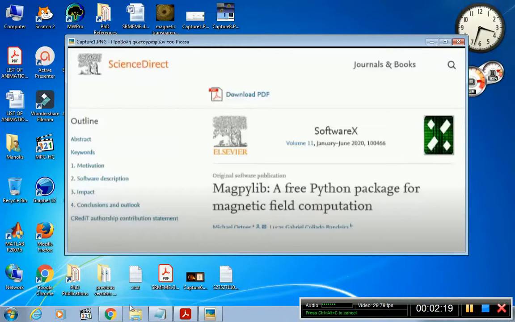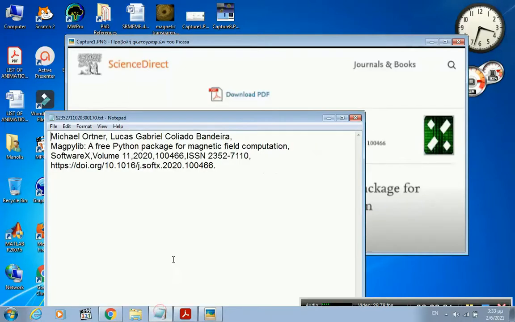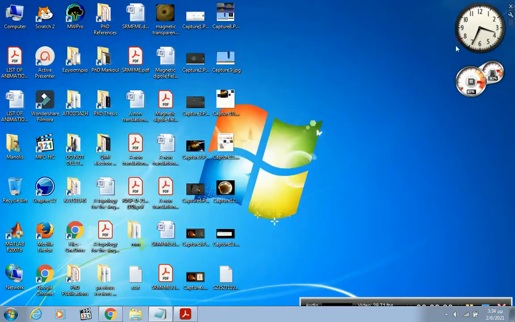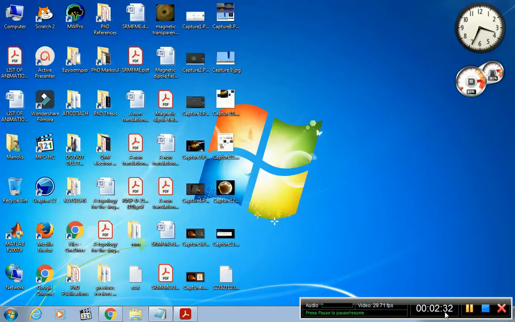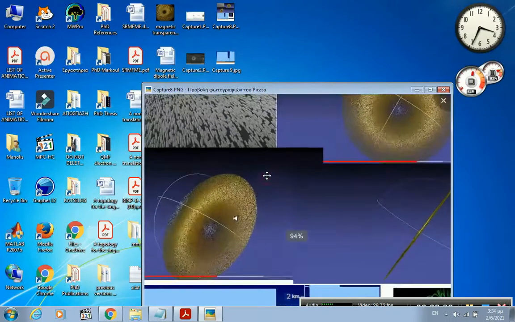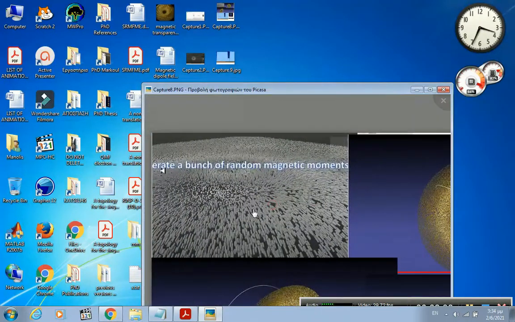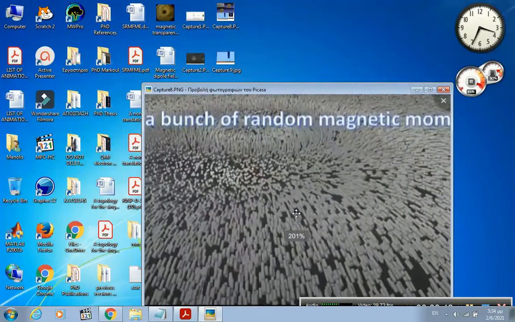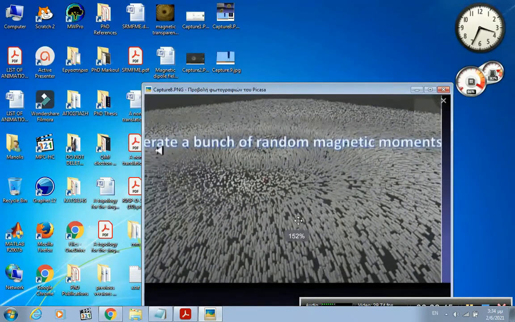The citation of these researchers is here. What they did is use classical analytical electromagnetic theory to simulate and visualize magnetic moments.